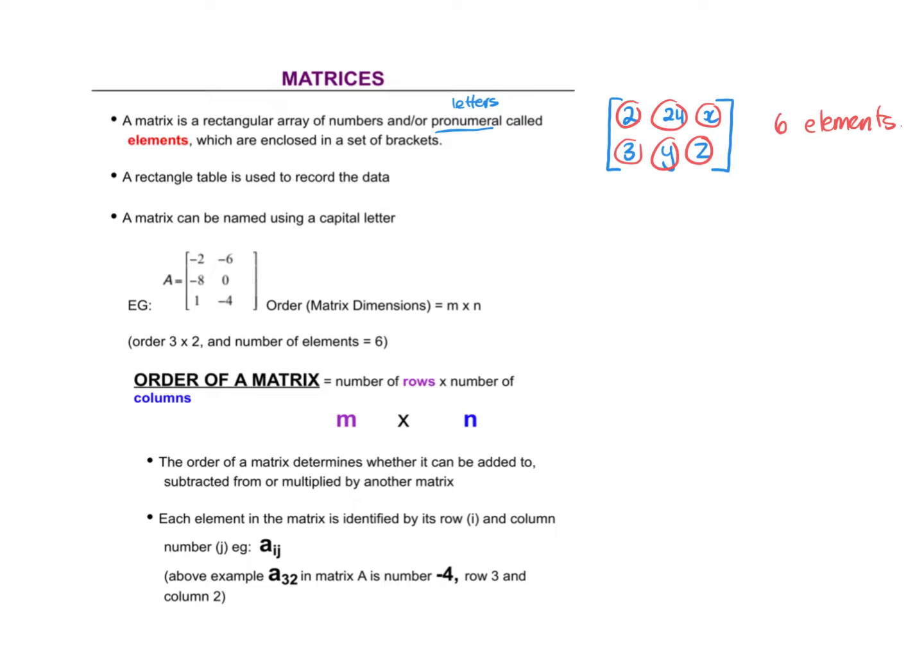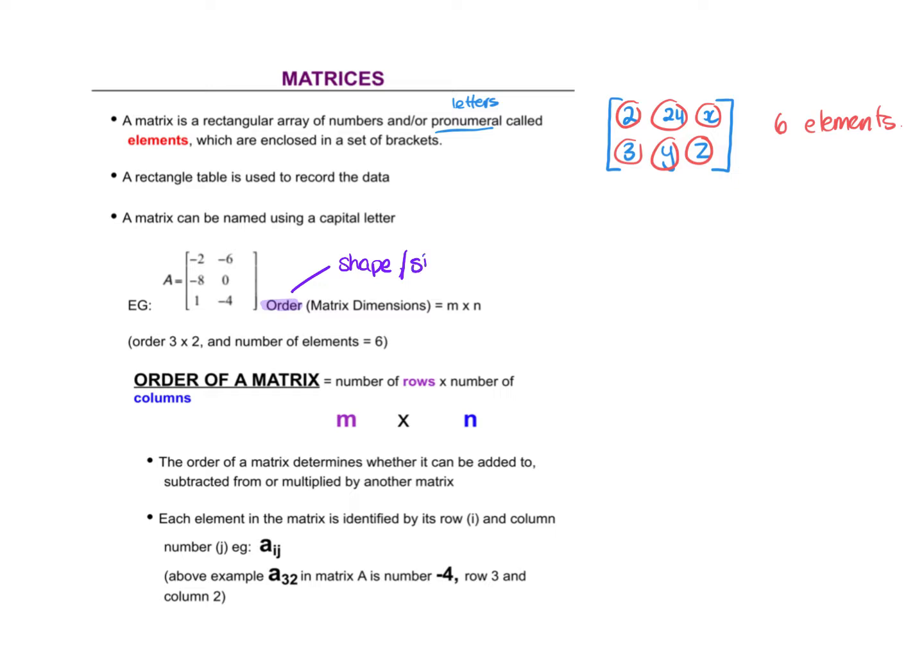One of the most important things we need to know about a matrix is its order. Its order tells us its shape, dimension, or size.